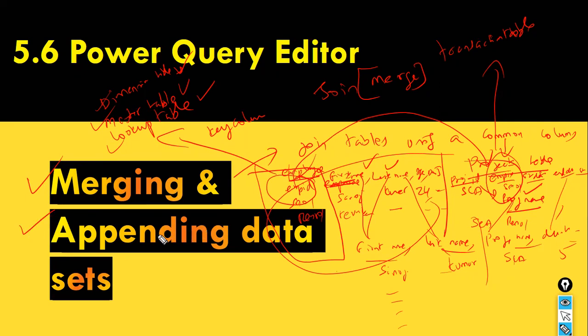Appending data is a little bit different. For example, week 1 sales. Let's say in week 1 you store the sales in a file, and week 2 sales you store in another. Every week you store the data in a separate file. Week 3 and week 4, you store in separate files. Every month beginning, you need to combine these data and put it in a single file.